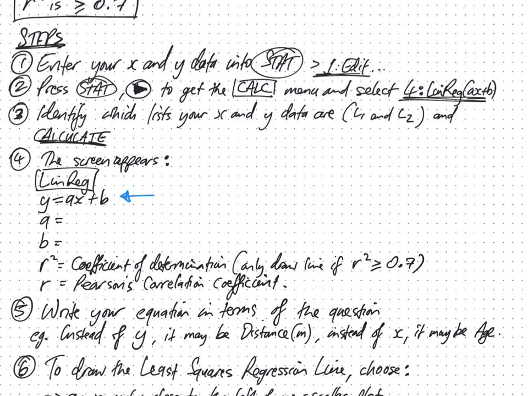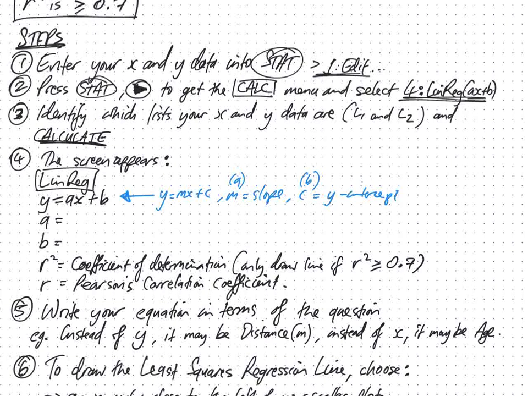And this screen appears. Now, hopefully this is familiar to you because we hammered this in the second topic of the year. This looks like y is equal to mx plus c, where m is the slope and c is the y-intercept. But now it is a and b.